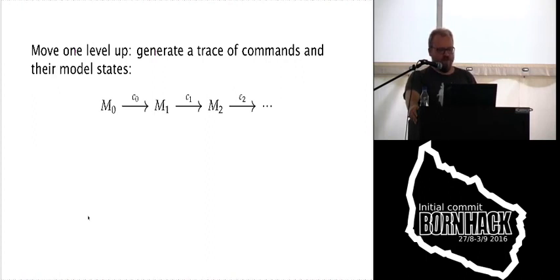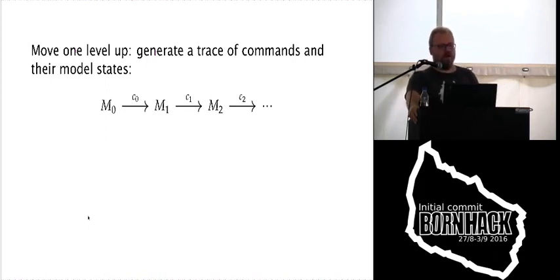When you're sitting in state M0, you look at what are the possible commands I can generate in state M0, and that might not be every one. There's a precondition here that might say you can only generate, in M0, which is the initial state, some kind of open the file or init the system command.